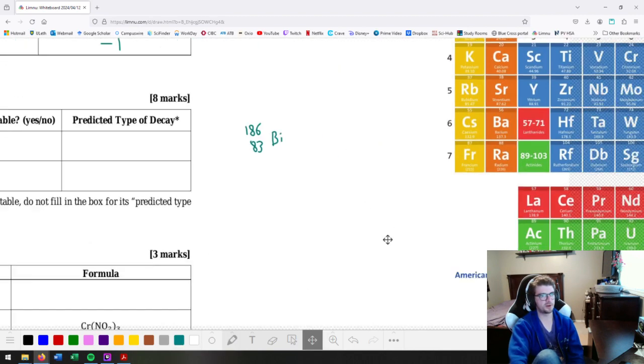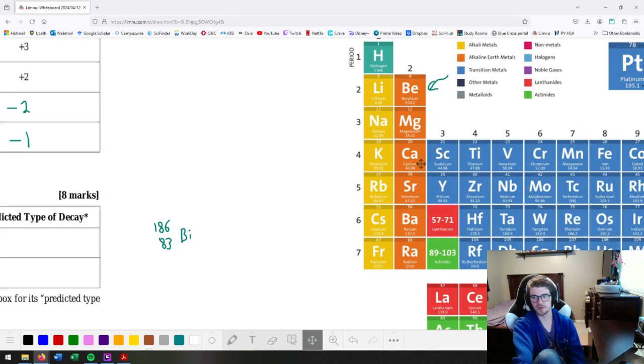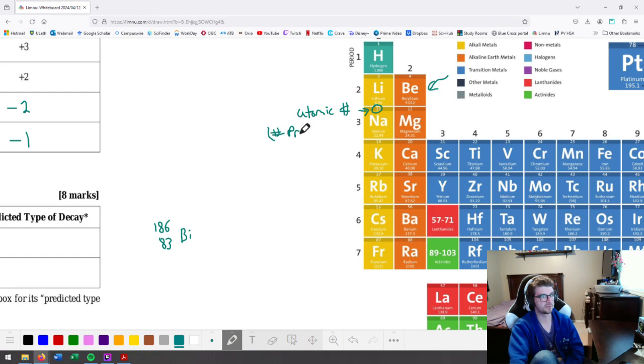So yeah, on the periodic table, there's several numbers, and there's no one way to organize them, because up here we have the atomic number. God, can't even draw a line. There we go. Much better. So we have the atomic number, which is the number of protons in the nucleus.